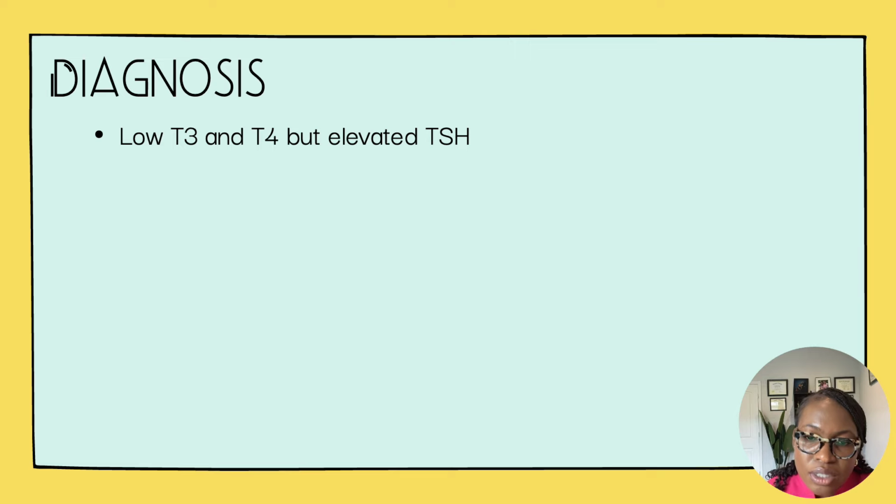So that thyroid stimulating hormone continues to stimulate, and its job is to try and get more of the T3 and T4 hormones in the body system so we can work on that metabolism. For that reason, we see a low T3 and T4, but we see that TSH working really hard to increase those levels. So we have a low T3 and T4, but an elevated TSH level.